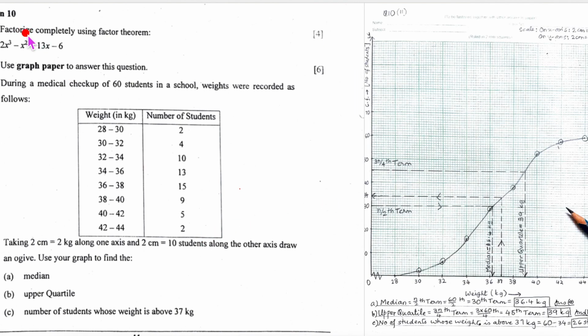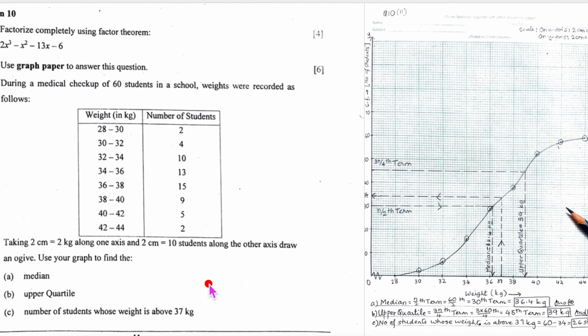Now we come to the last question, question 10, and the second part, the real last question. And we have to use the graph paper to solve this. As you can see, there is a table here of the weights and also the students here, and we are given this scale on x-axis and y-axis, and we have to use this to find the median, upper quartile, and the number of students whose weight is above 37 kg.